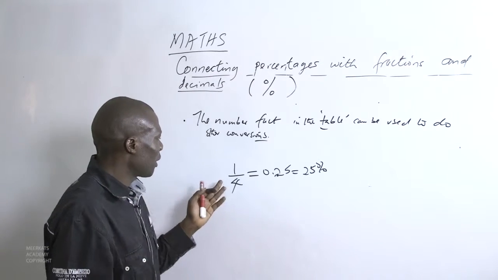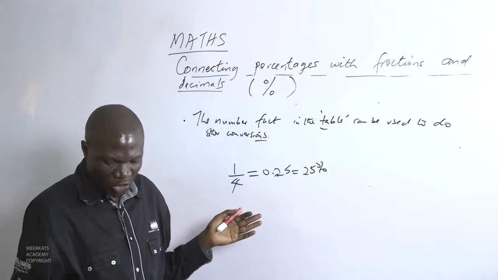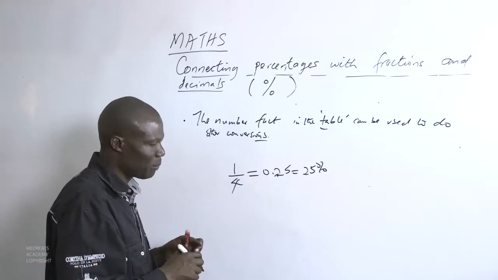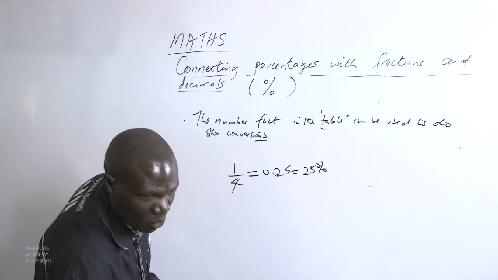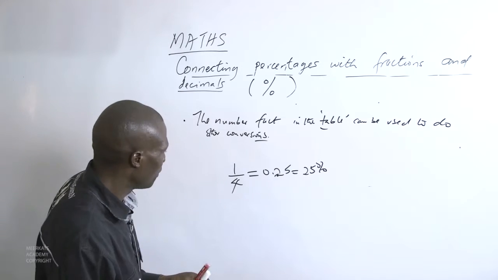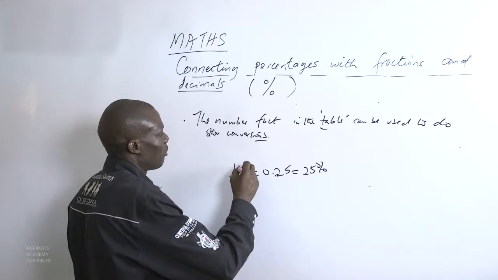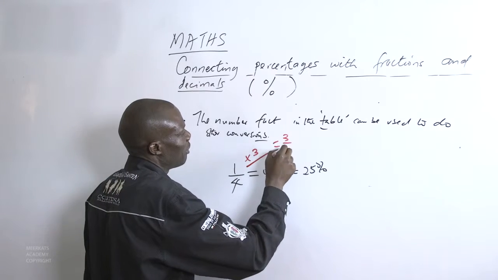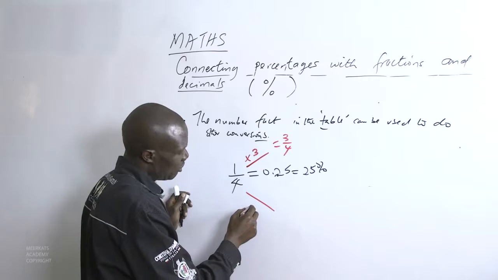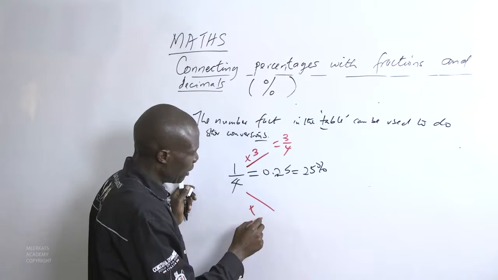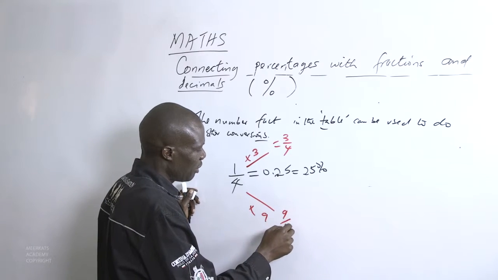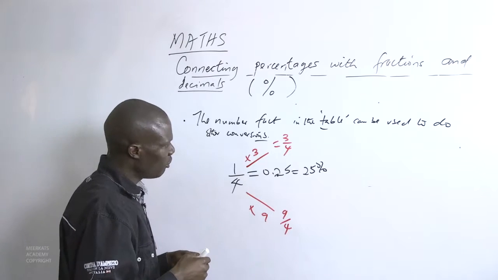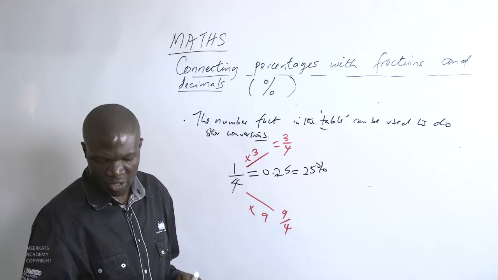Then, if we were to look for something different, supposing we multiply this one by 3, so that we shall have 3 over 4, or multiply this one by 9, so that you can have 9 over 4, then you'll find that it's not difficult.